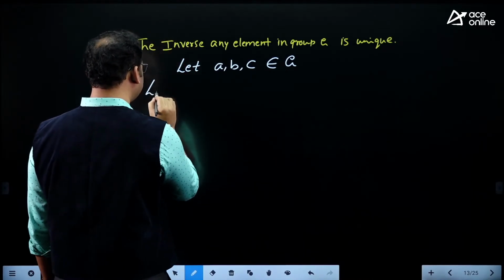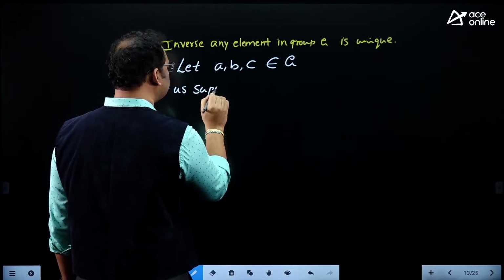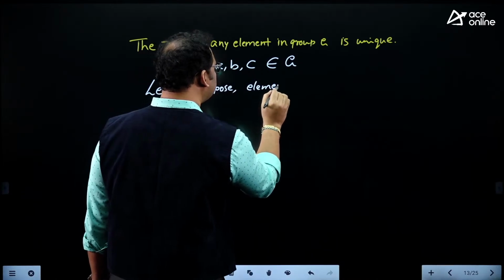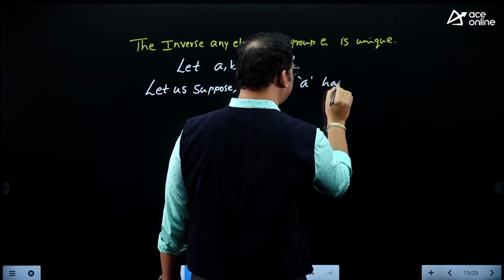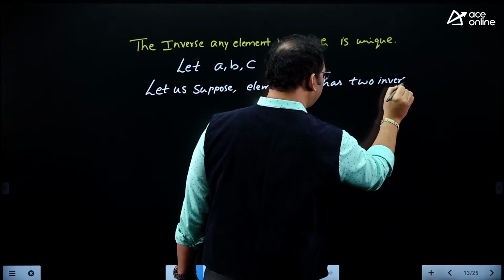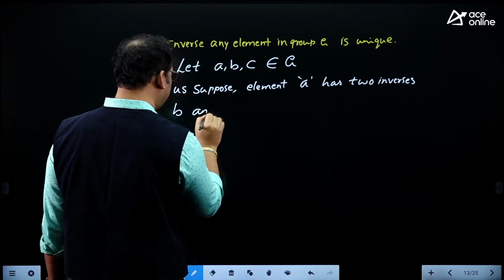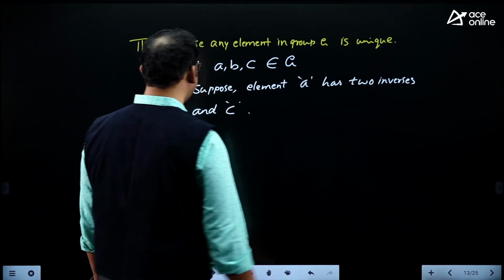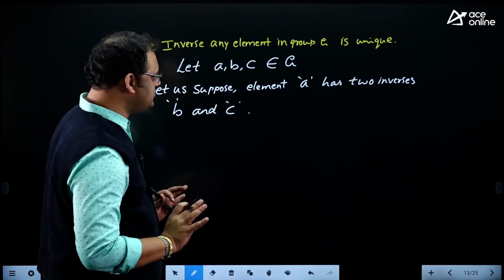Let us suppose element A has two inverses, B and C. My dear, actually A has only one inverse, that is A inverse, in a unique way.